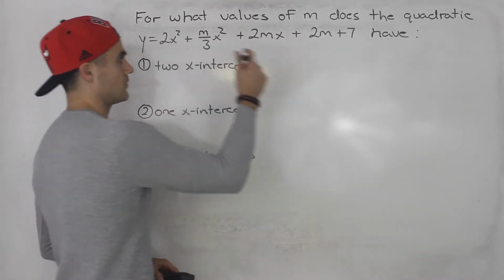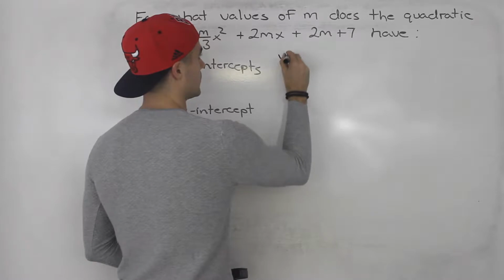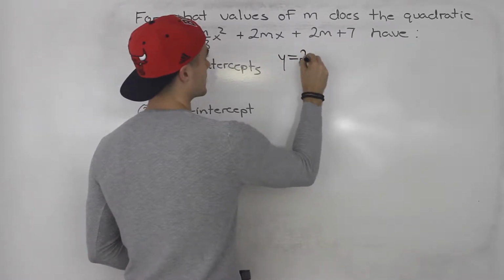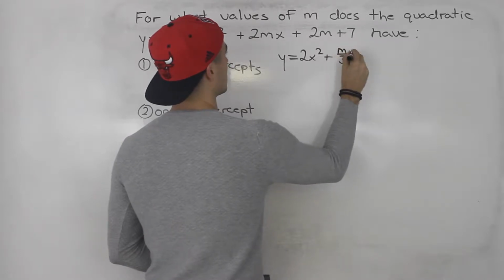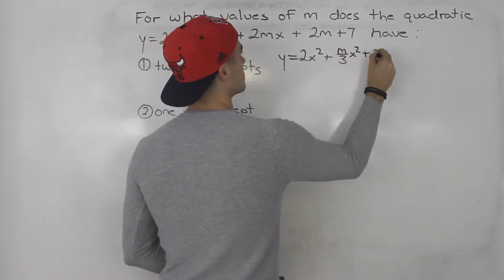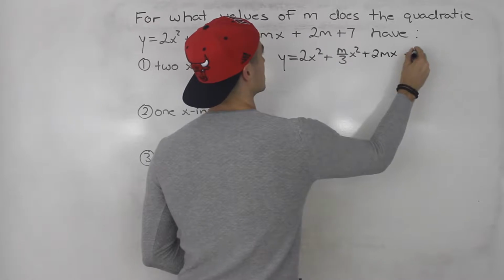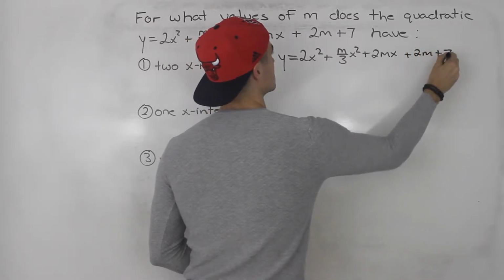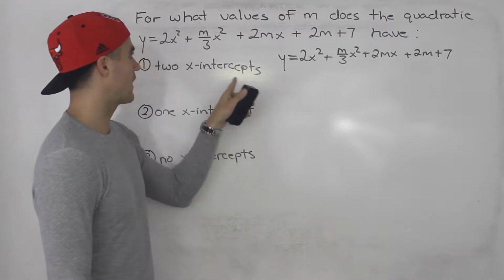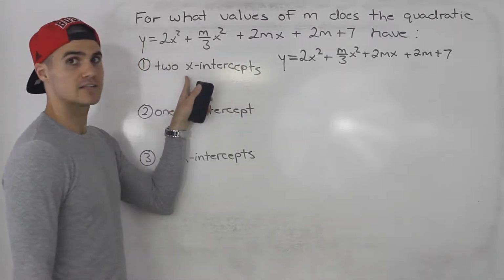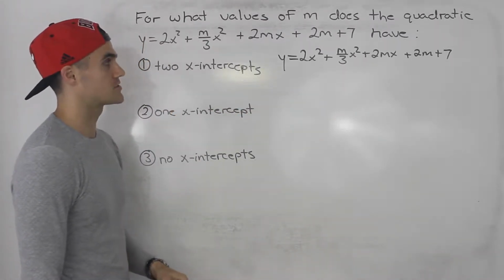So let's rewrite what we have here. We have this weird looking quadratic, 2x squared plus m over 3x squared plus 2mx plus 2m plus 7. With this quadratic, we have to figure out what values of m will allow it to have 2 x-intercepts.